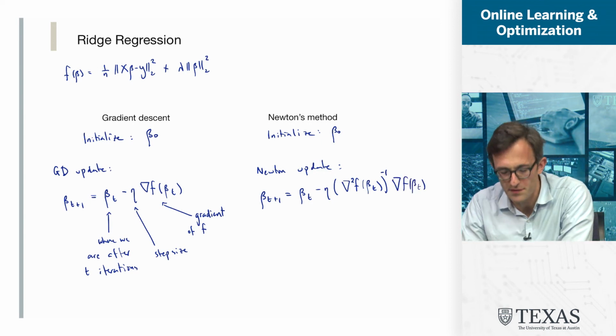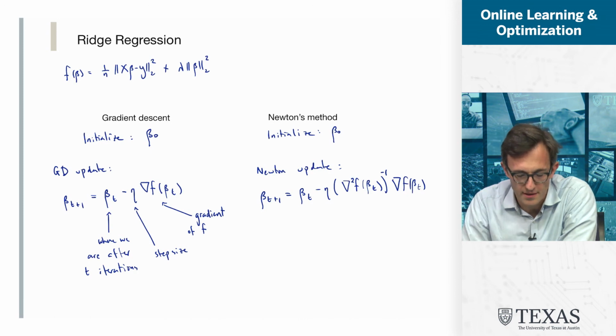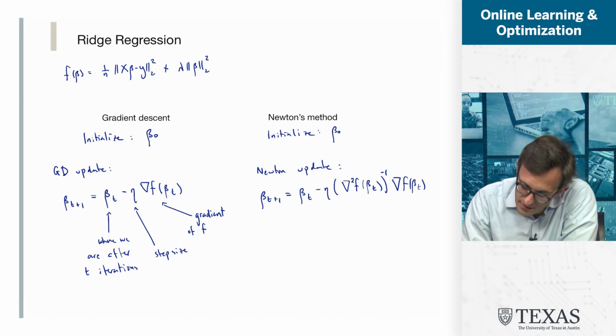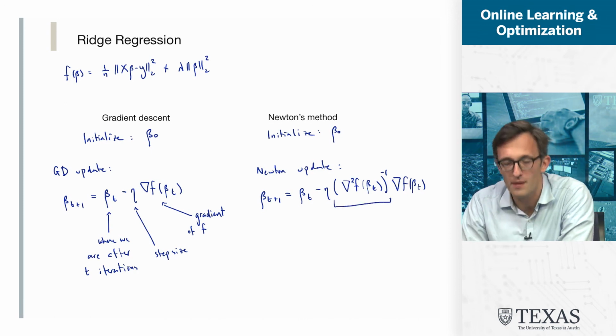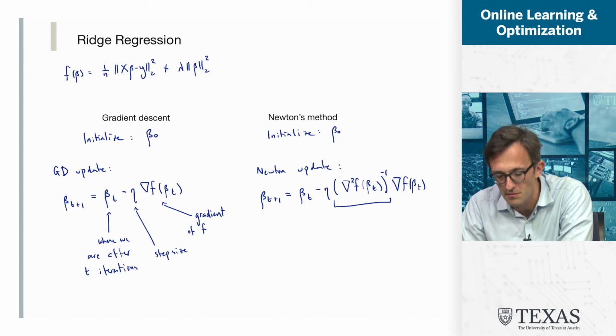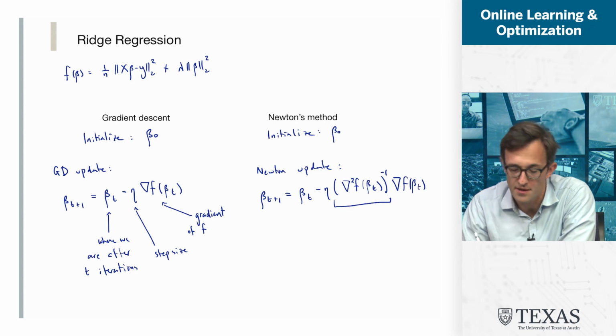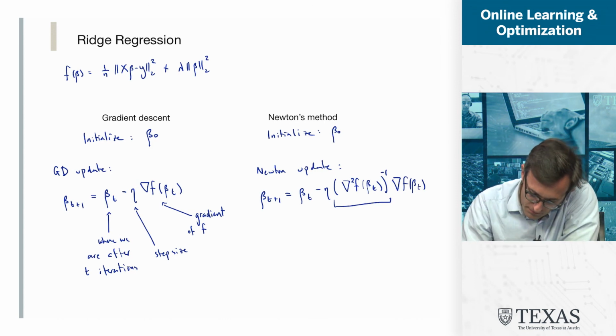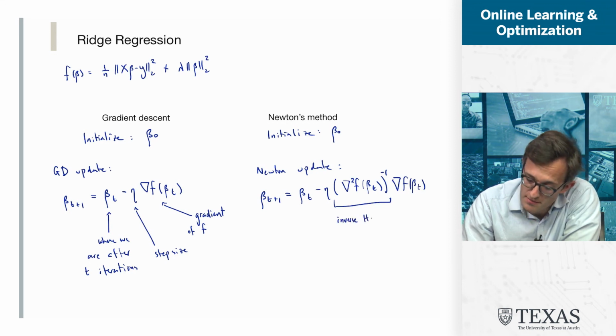So the only difference between the Newton update and the gradient descent update is that I pre-multiply my direction, the direction that I move in, the direction of locally steepest descent, by this matrix. Again, this is called the inverse Hessian matrix.